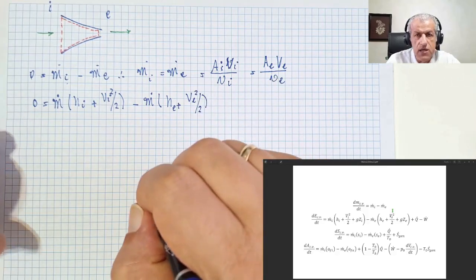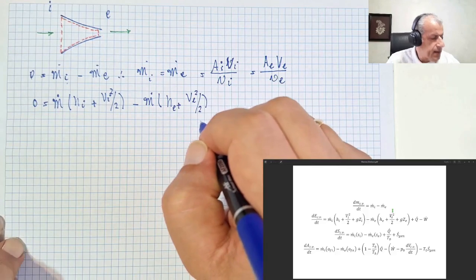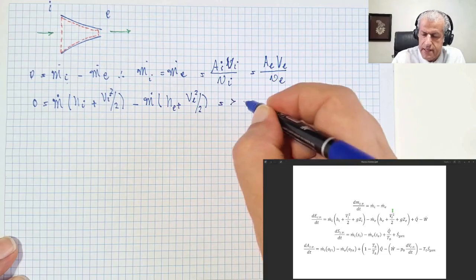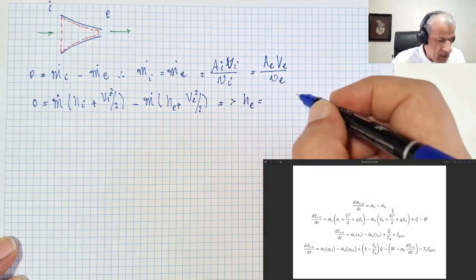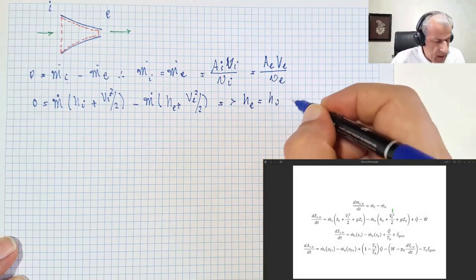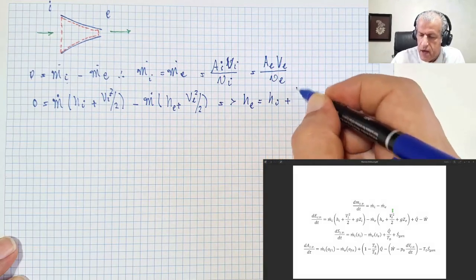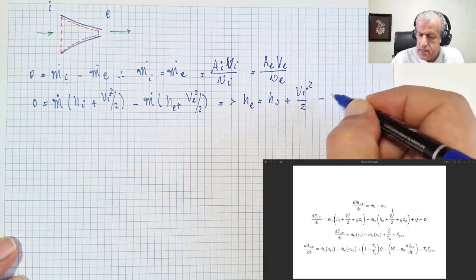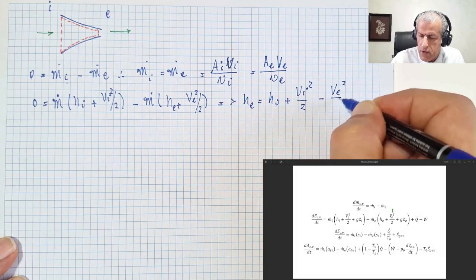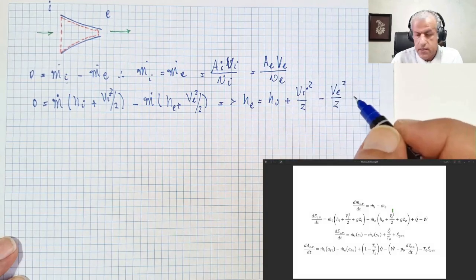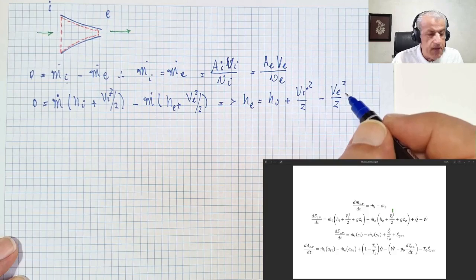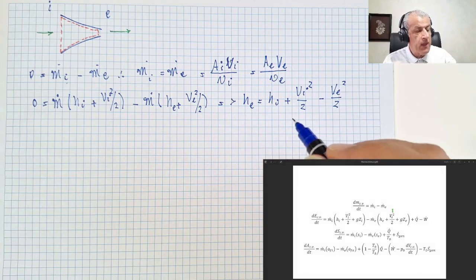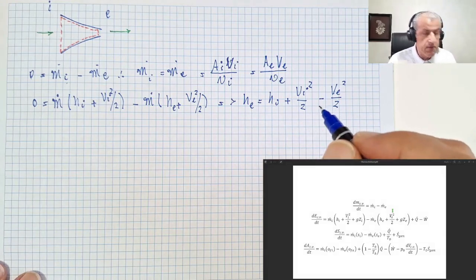And there is no heat transfer or work, so the other two terms vanish, and therefore we conclude that h_e would equal h_i plus V_i squared over 2 minus V_e squared over 2.